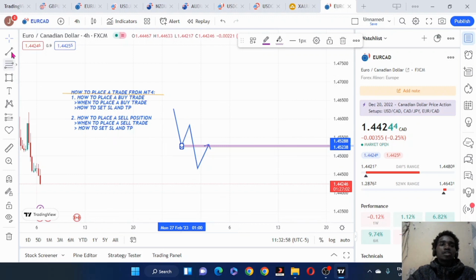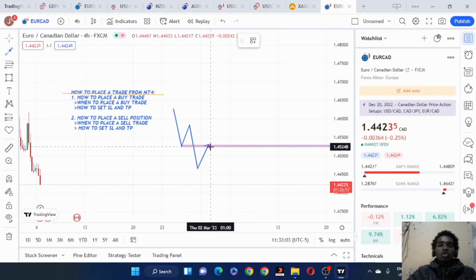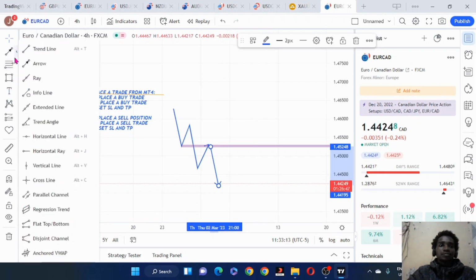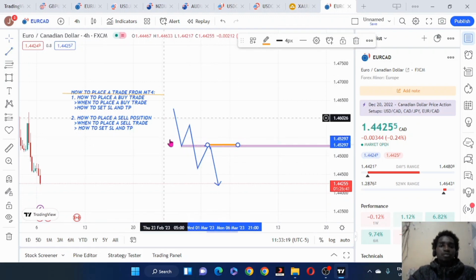From this part, you predict that the market will continue making lows. Therefore, this is the kind of trade you want to predict. Of course, this will be your entry point.